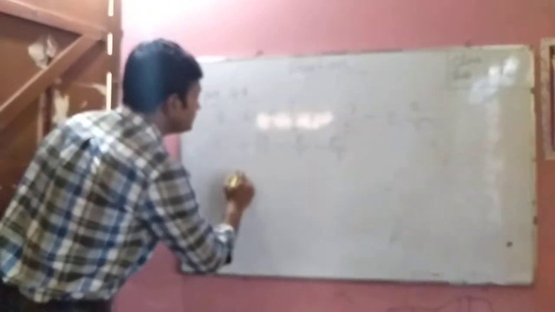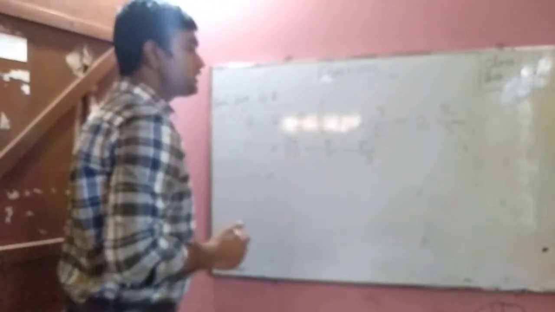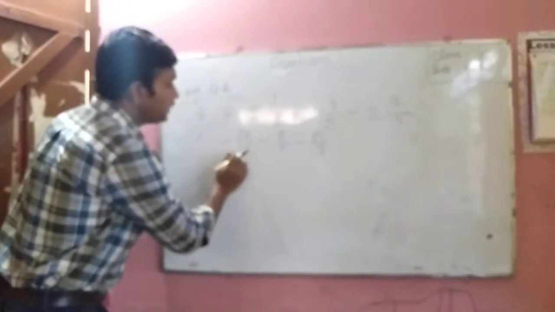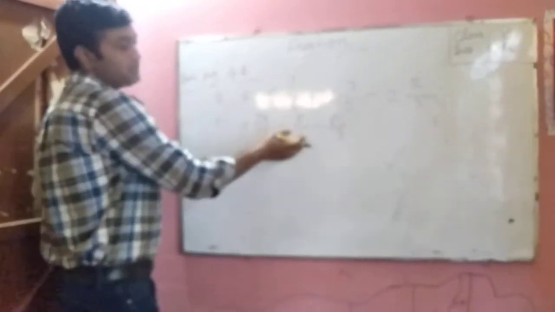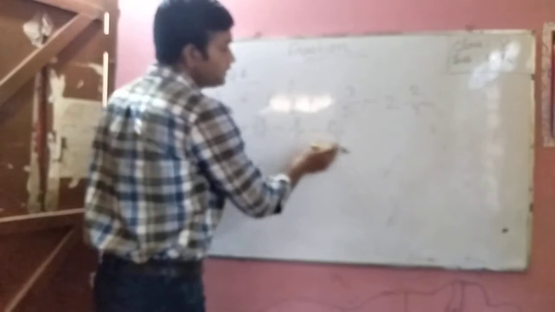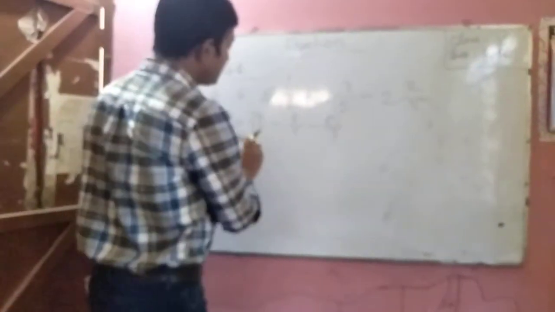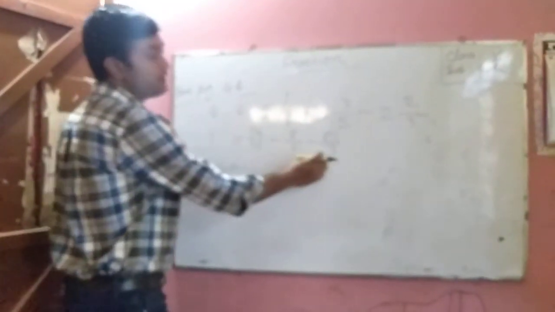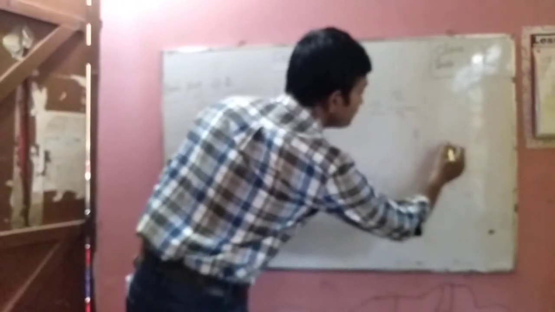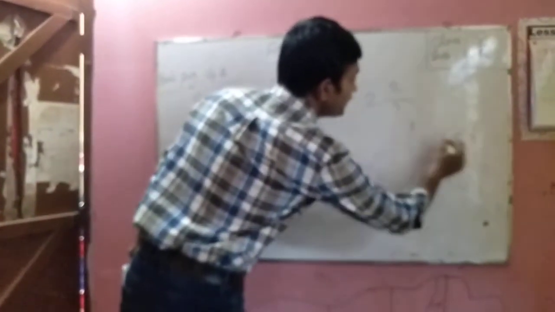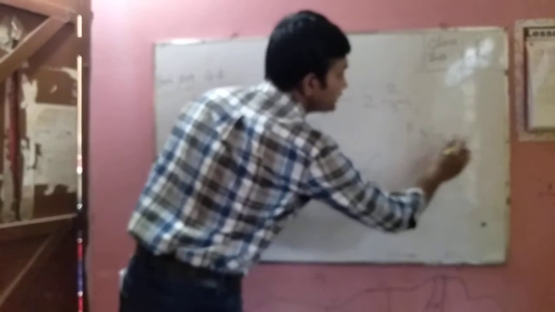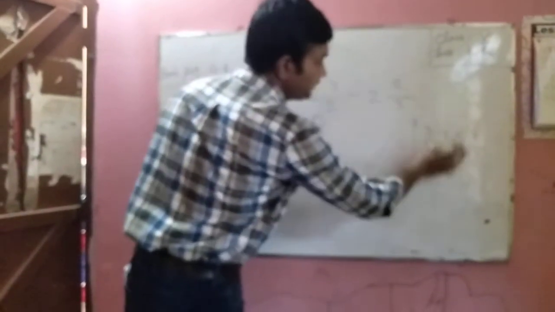So I hope you are understanding these problems. So now what will you do? First we have to find the LCM of the denominators. Here the denominators are 15, 5 and 3. Now divide by 3, 3 5s are 15.